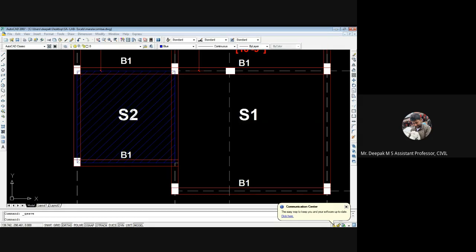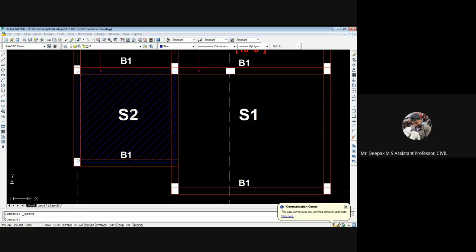We can solve in that equation and we can get the AST required, and to that required AST, you must provide the diameter of the bar used and spacing of the bar required. So we will provide the diameter and spacing and you will get the actual AST in negative and positive directions.